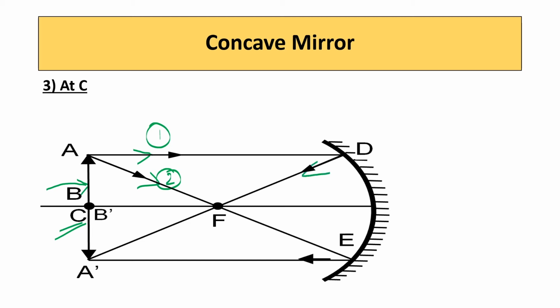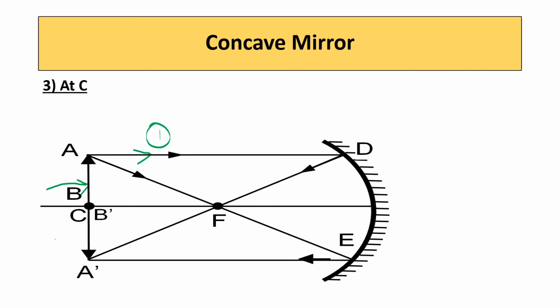Ray 2 strikes at this point and it is reflecting like this. Look at ray 1. The incident ray is parallel to the principal axis. Therefore, the reflected ray should pass through the focus. This point is the focus.